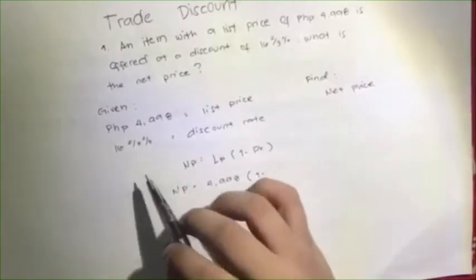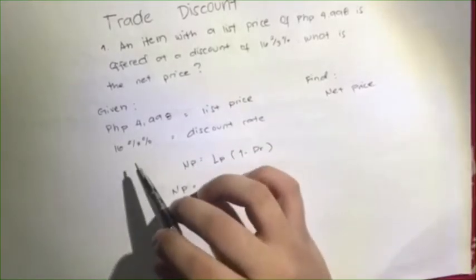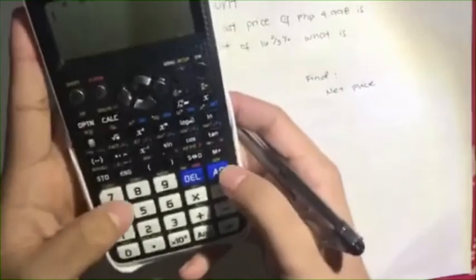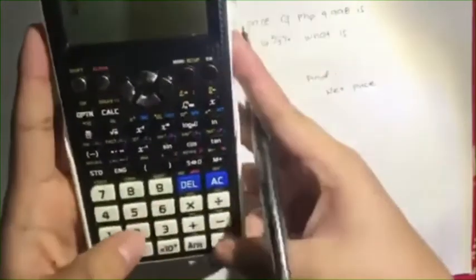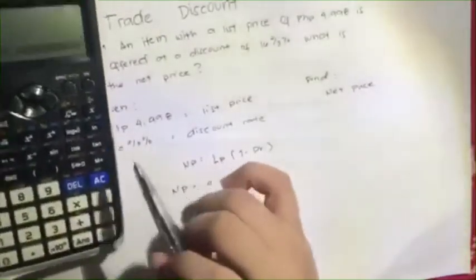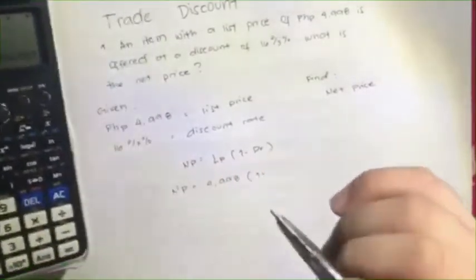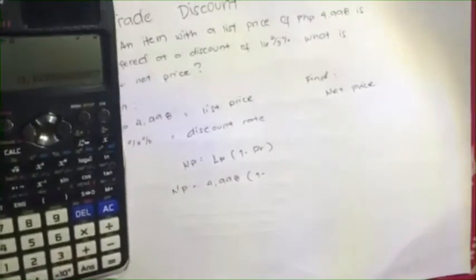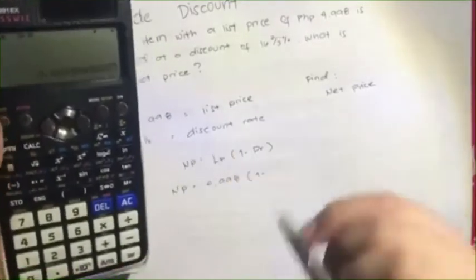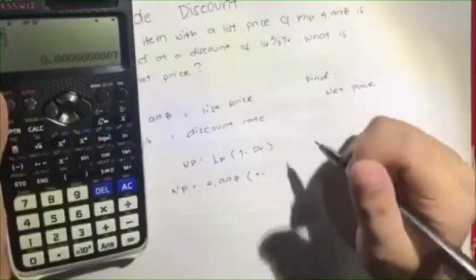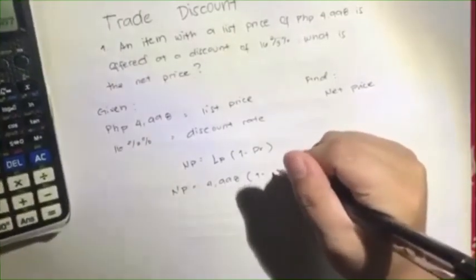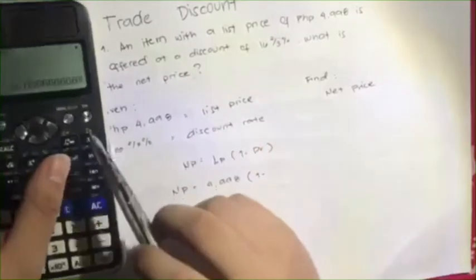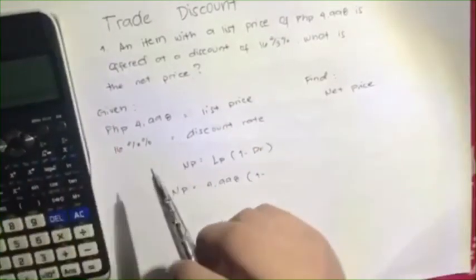So, para maging decimal yan, i-divide lang natin ng 2 sa 3. So, 2 divided by 3 decimal plus pa-plus lang natin yung 16. So, meron tayong 16.6666. Pero, i-round off natin sa 2 decimals lang. So, meron tayong 16.67.